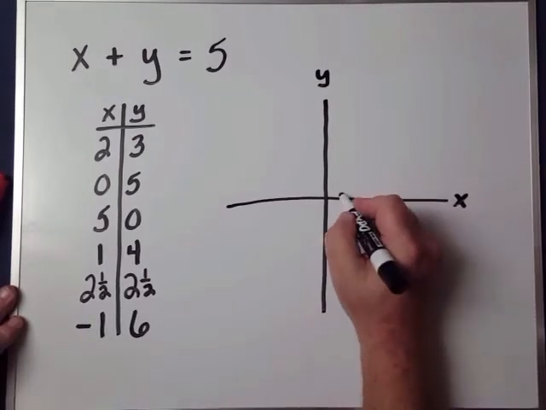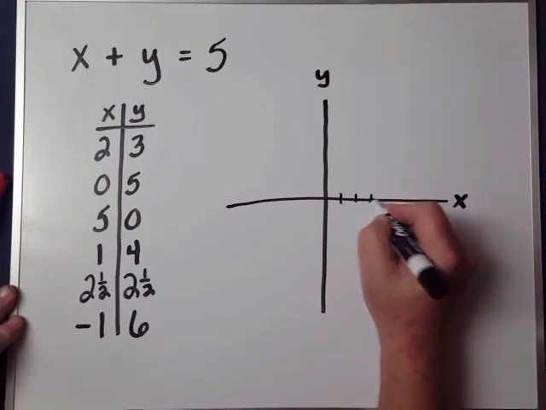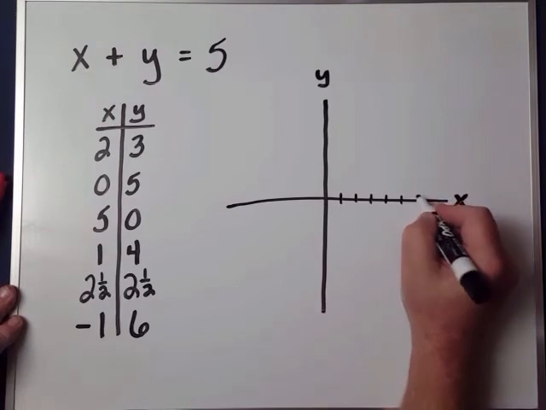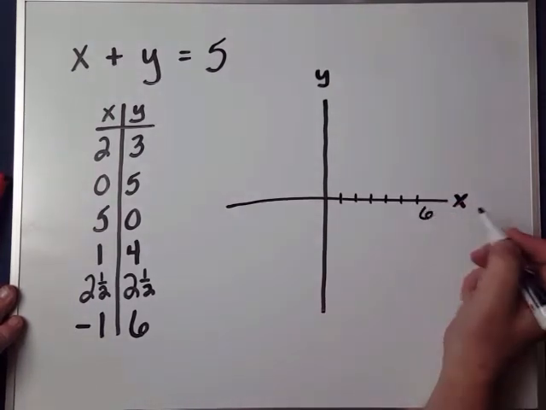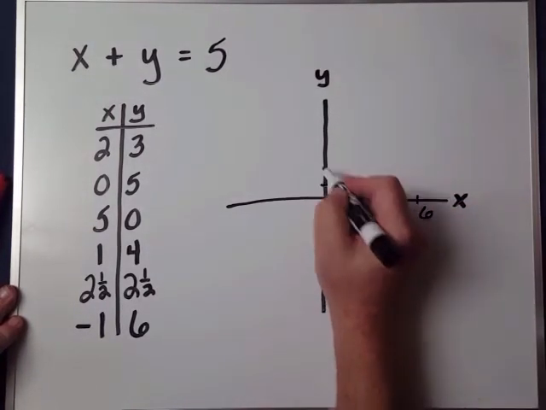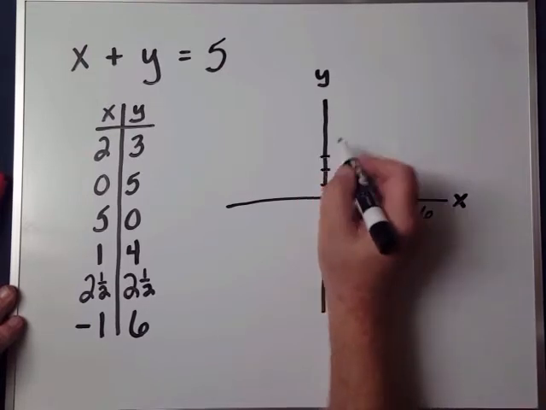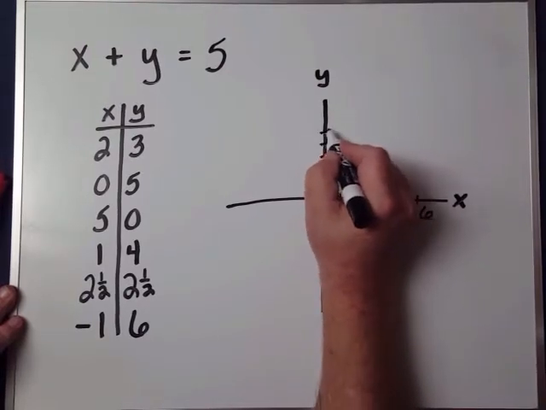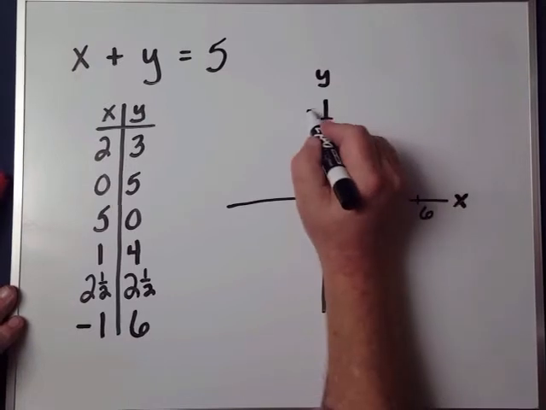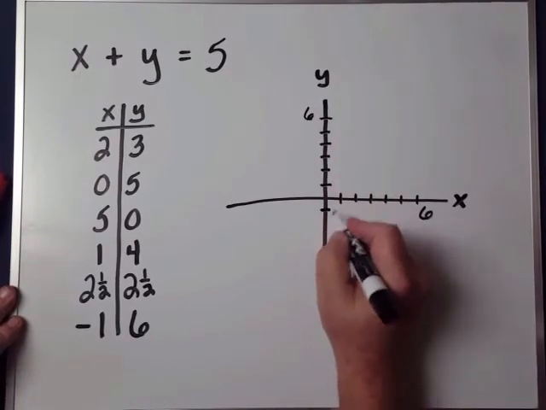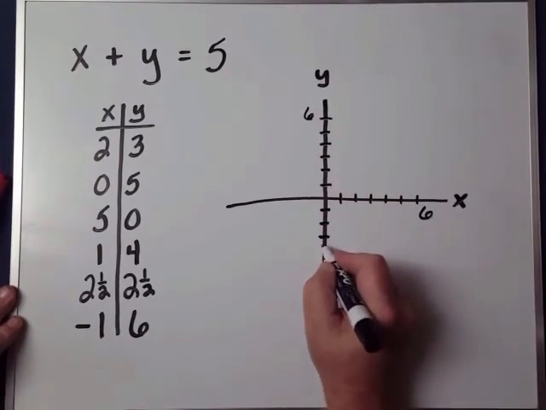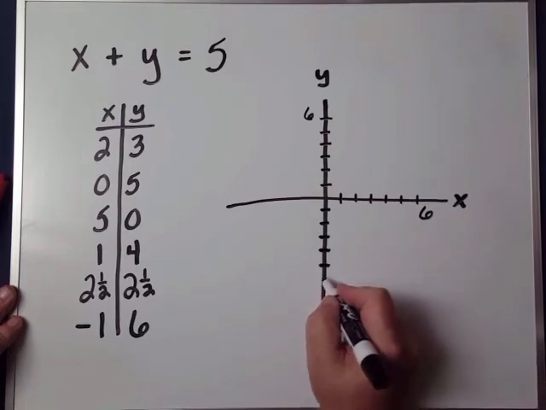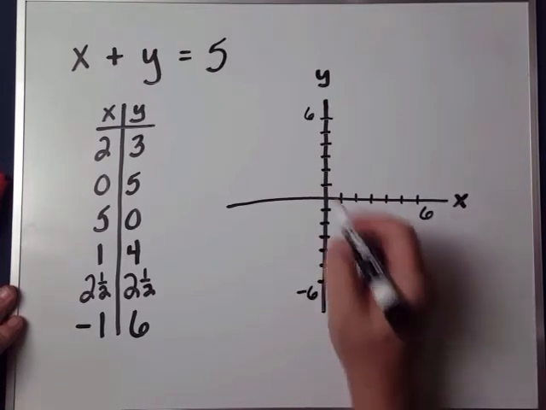And let's go out to 6 in all directions. The last problem in the homework from 3.1 asked if you noticed any pattern. Did you notice any pattern when it came to graphing these linear equations in two variables?